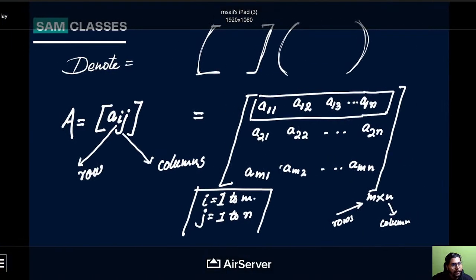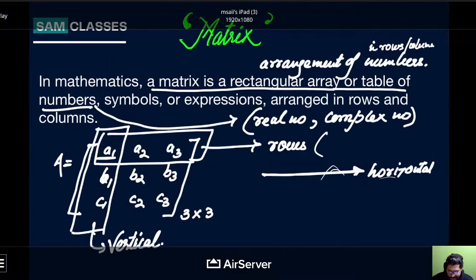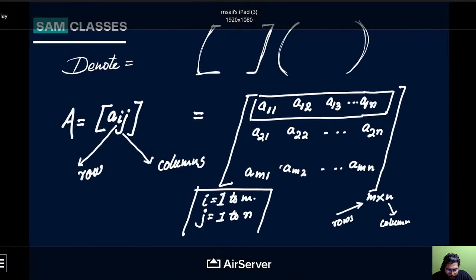So this is the way we denote a matrix. We talked about what a matrix is, just a rectangular arrangement of data. Data can be anything: numbers, hierarchy, real numbers, functions, anything you can put. Next, how do we denote it? Very simple method.